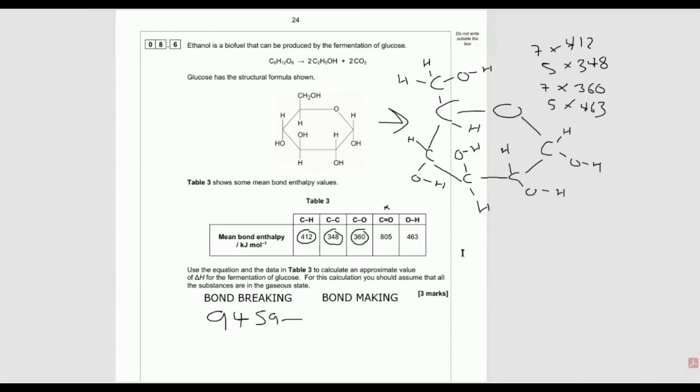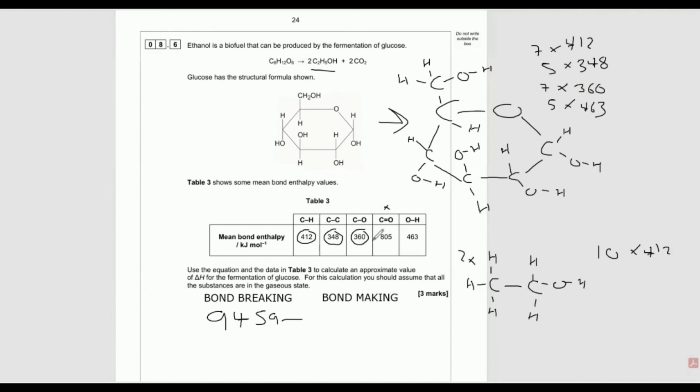So I'm going to go over here and draw out ethanol. We've got 2 of them, so I'm going to do 2 times all of this. So 1, 2, 3, 4, 5, so I've got 10 times 412.